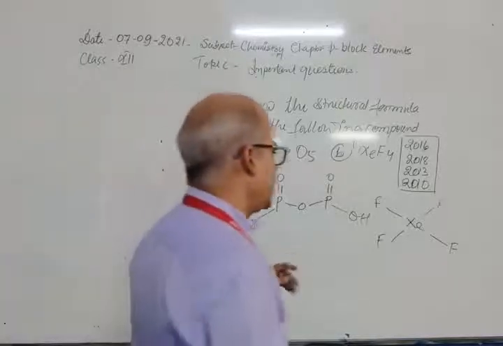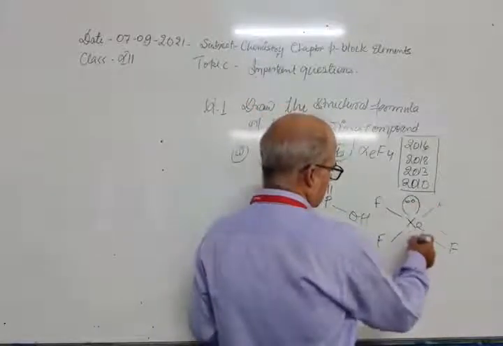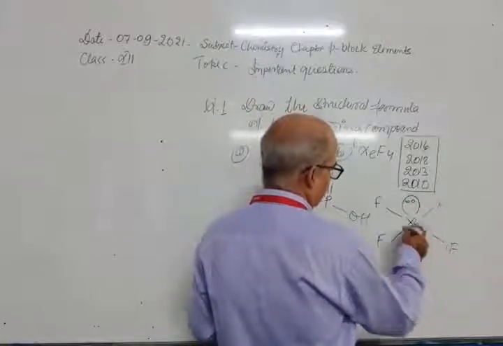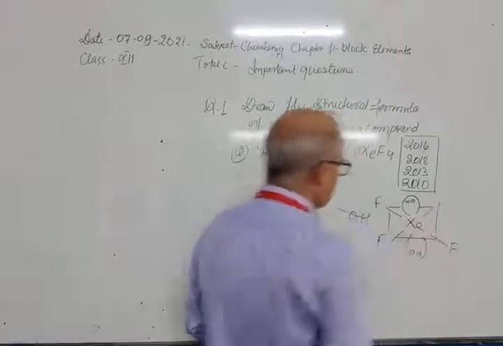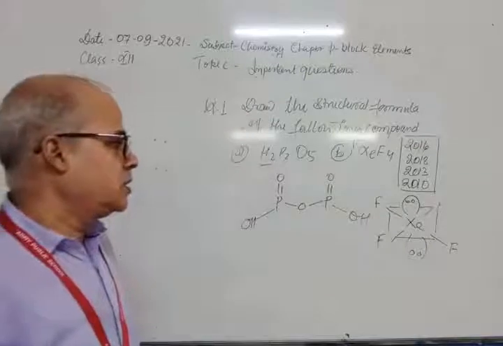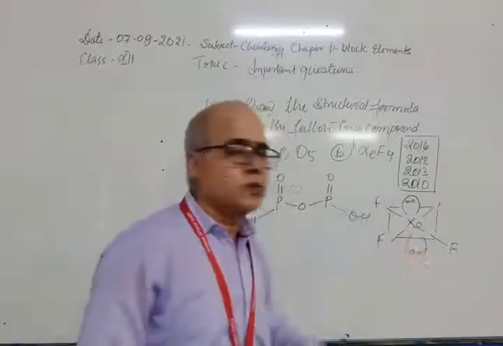Now 4 electrons are remaining, 1 and this one. It is a very important structure. Many times it is asked, and during the formation of the structure you have to make these 2 lone pairs also.